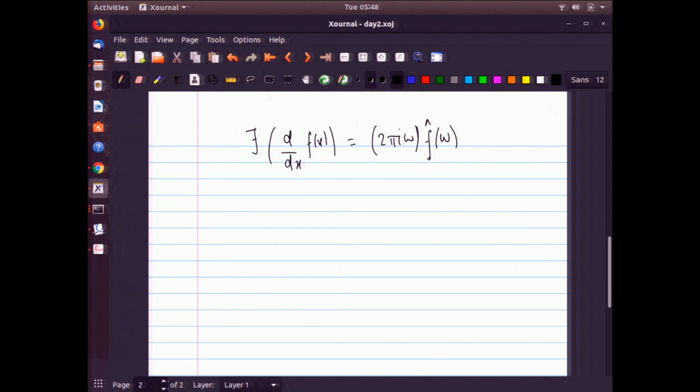So you see, this is the key property which allows you to solve PDEs, and this is due to the exponential, which we talked about, right? What this means is you can take an equation which has derivatives and convert it into an equation which is just multiplication by omega. And interestingly, even for higher derivatives, you just do this. So it works for higher derivatives, and this is one of the key properties that's used.